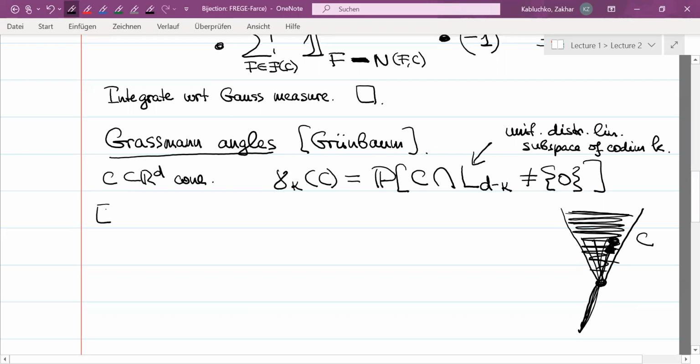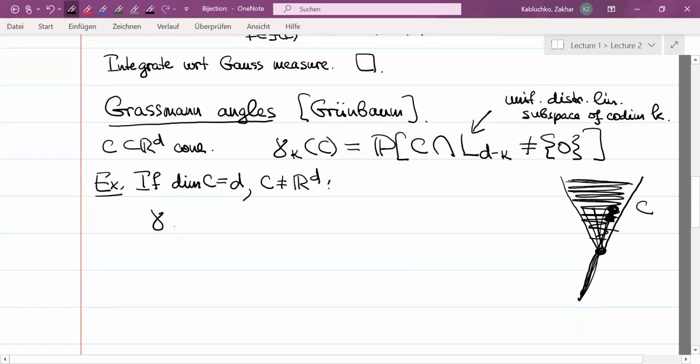Let me write it as an example. If C is full dimensional, which is usually the case, and C is not the whole R^d, then gamma d minus 1 of C is the probability that a random line intersects the cone, and I can take also some direction on this line, and it intersects the cone if and only if this direction is either in C or in minus C. So it is two times the solid angle of C. So this Grassmann angle is just the usual solid angle, and all the others are more general, so to say, a generalization.